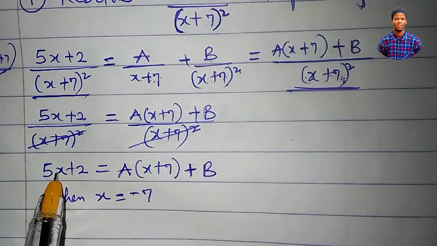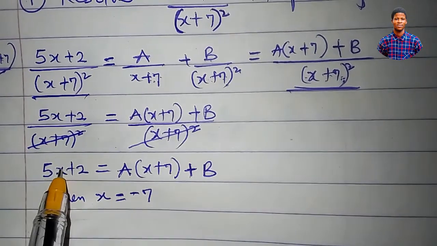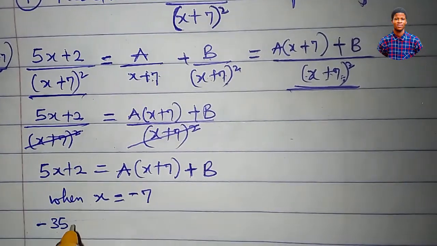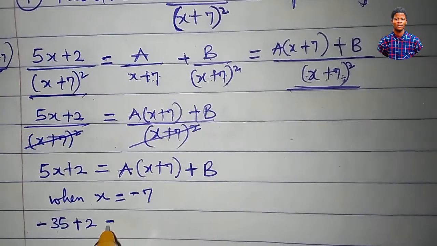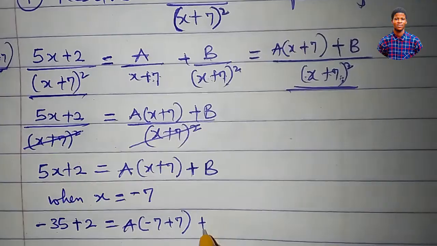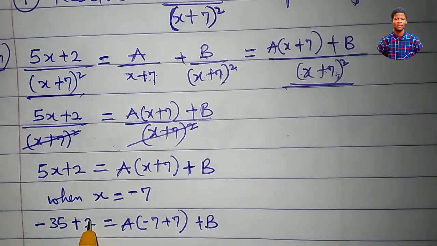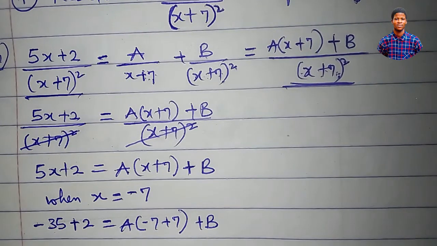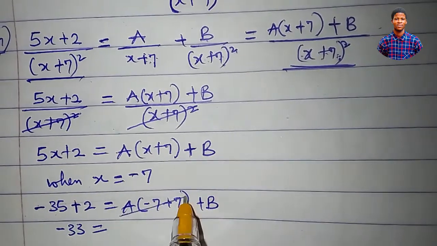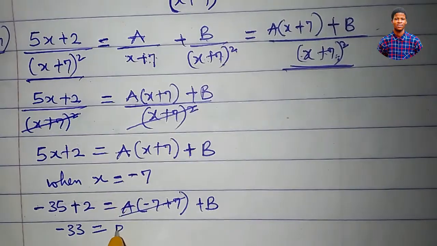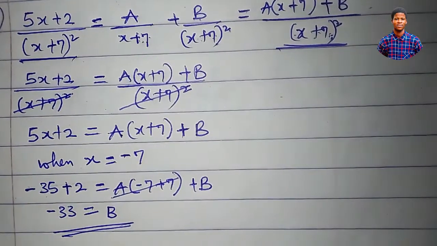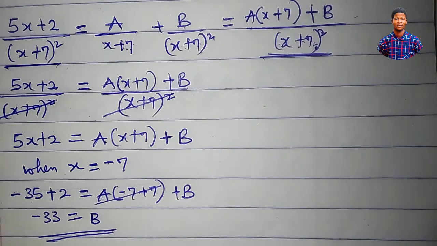If I put minus 7 here, that will be 5 times minus 7, which is minus 35, plus 2, is equal to a bracket minus 7 plus 7 plus what? b. Minus 35 plus 2 is minus 33. Everything here is 0, to cancel that. And b is equal to what? Minus 33. Alright? What now is the value of a?